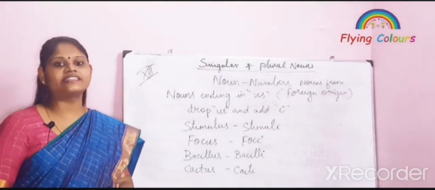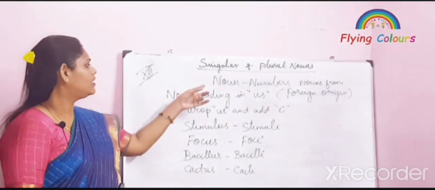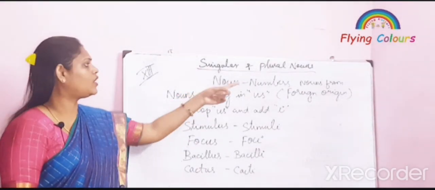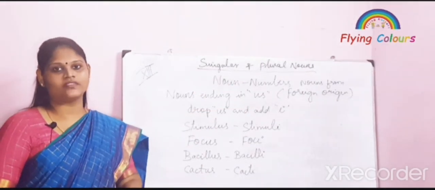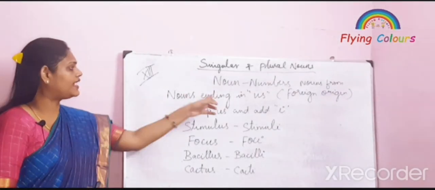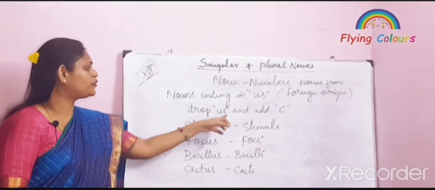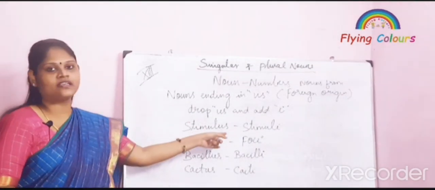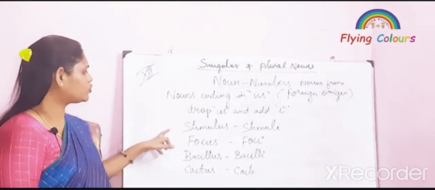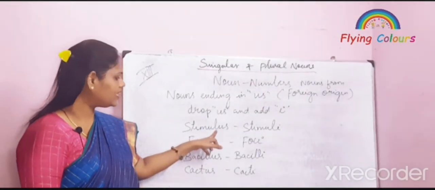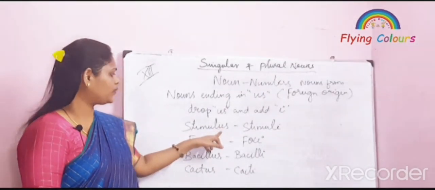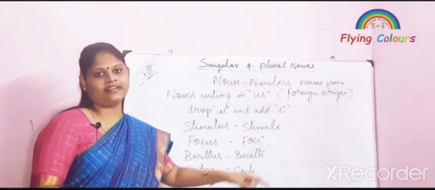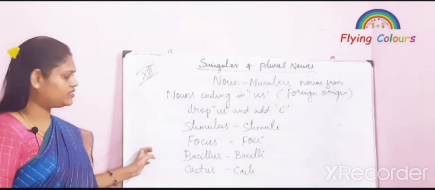The 13th concept in noun numbers is nouns from foreign origin. Nouns ending in US, drop US and add I. For example, stimulus. I am going to copy the same till L and drop US and add I at the end. This is another concept.